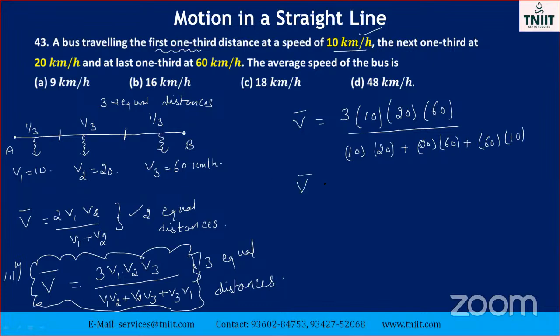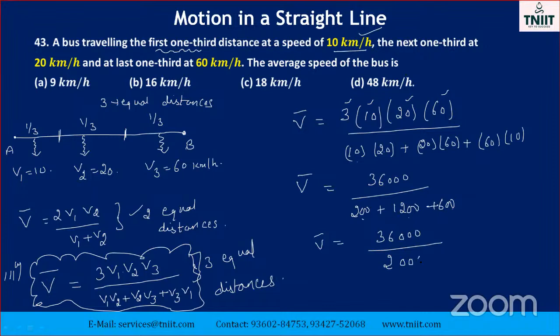So average speed V bar will be equal to 3 into 10 into 20 into 60. 3 into 2 will be 6, 6 into 6 will be 36, with 3 zeros. Whole thing divided by 10 into 20, that is 200, plus 20 into 60, that is 1200, plus 600. So V bar is equal to 36,000 divided by 200 plus 1200, that is 1400, plus 600, that is 2000.